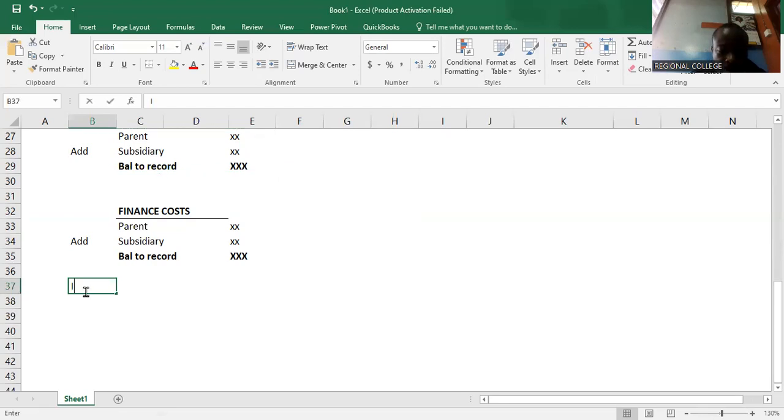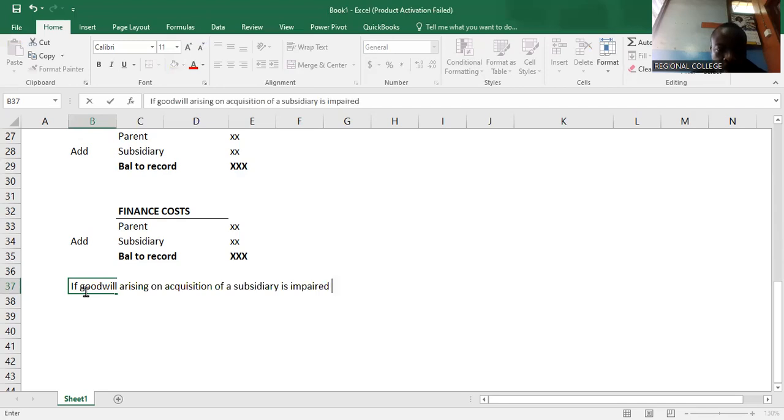If goodwill arising on acquisition of a subsidiary is impaired, the impairment will be recognized in the income statement as an expense.